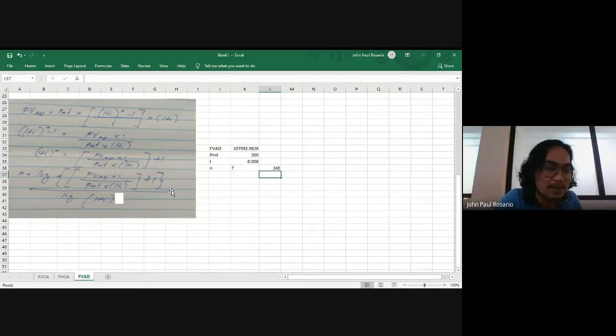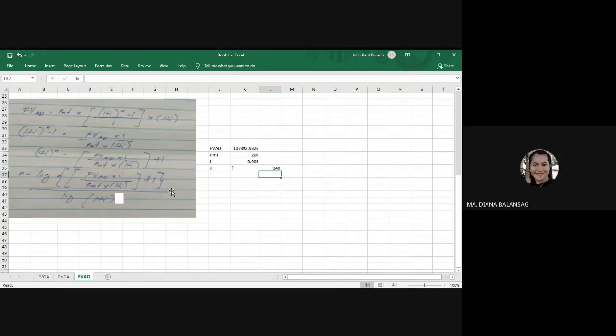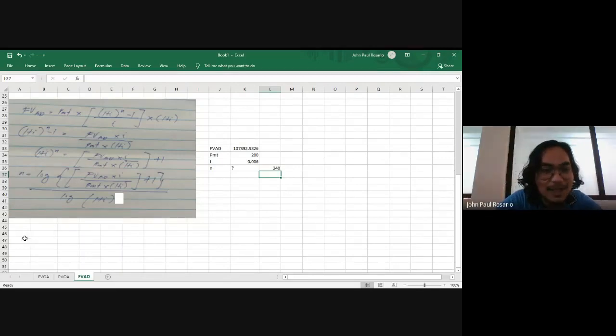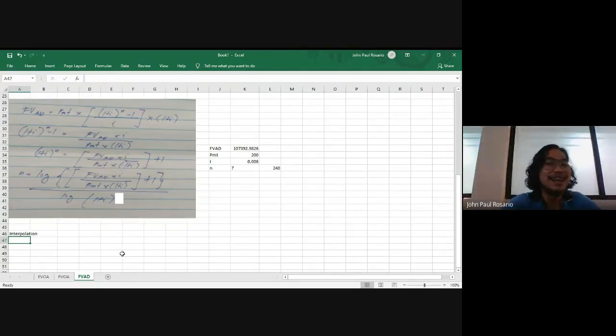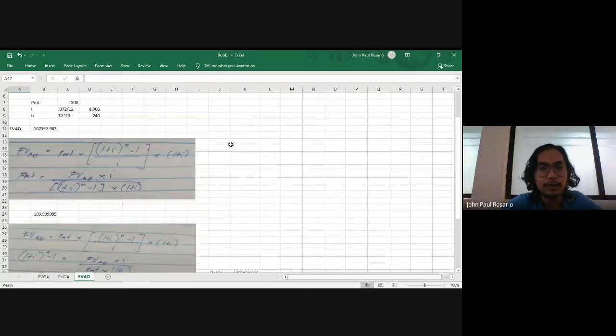Now, the question is, what is the formula if I is the unknown? There are many I's, so we first use interpolation. Interpolation means trial and error.